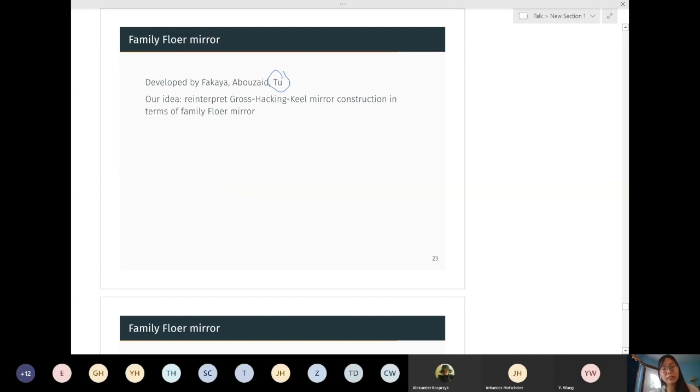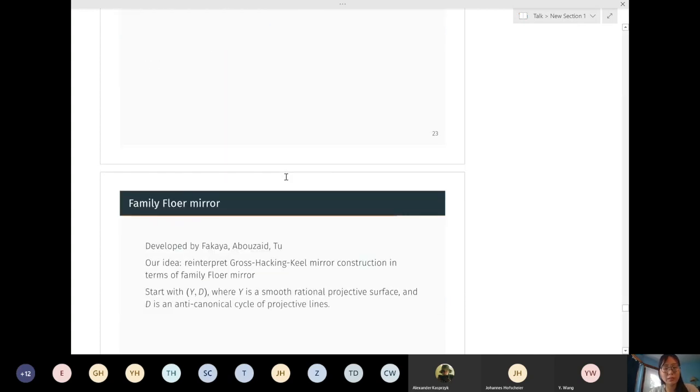But the idea is very simple. There's this family Floer mirror, which honestly is not easy for me to understand, but I just want to redo everything. Kind of what they do, we interpret what the Keel mirror is, and we just change everything in the analytic sense and then fit the construction of the mirror. So this is what we are going to do.